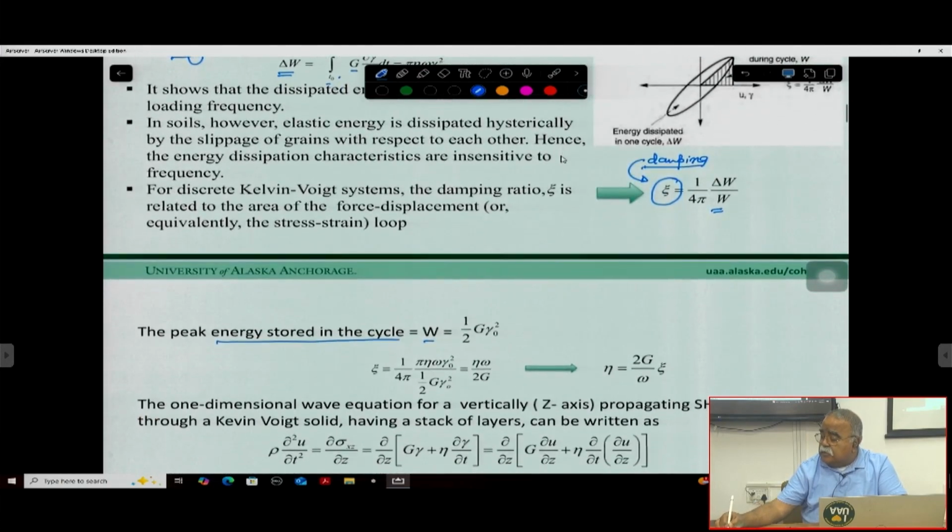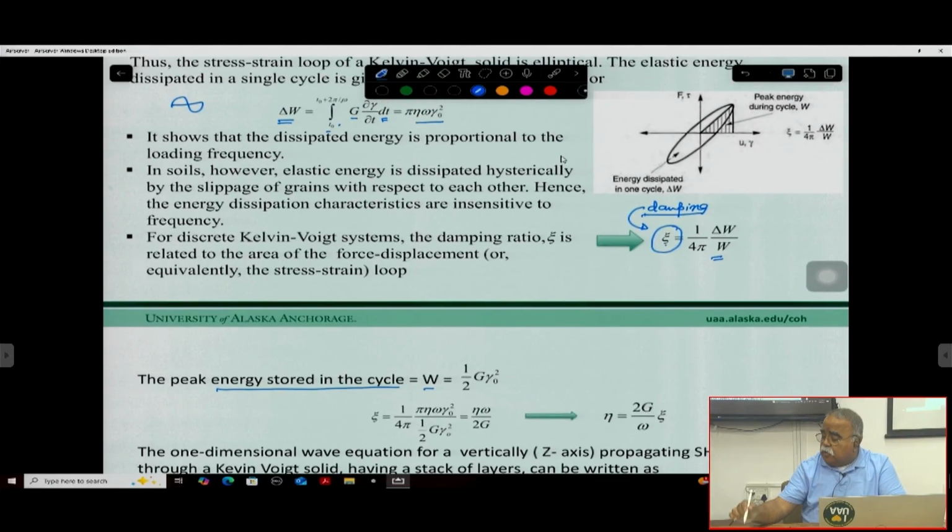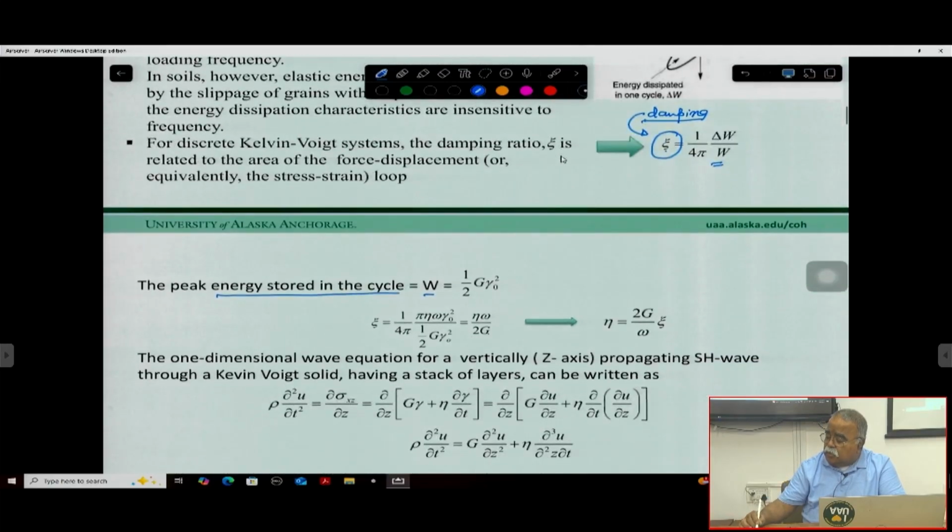So this Chi value you can calculate as 1 by 4 pi, and delta omega we have calculated as pi n omega into gamma squared. Put that number in, and this equals half G omega squared, so n omega. If you calculate that, this gamma value, or the damping value, comes out to be 2G omega by Chi. Keep this number in your mind, we will come back to this equation afterwards.